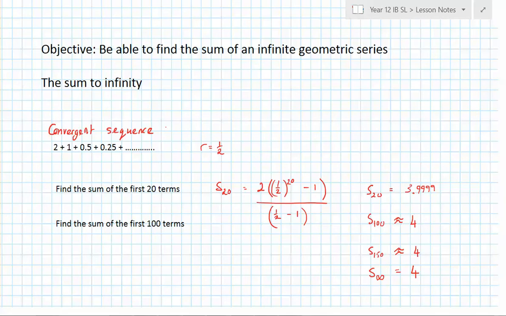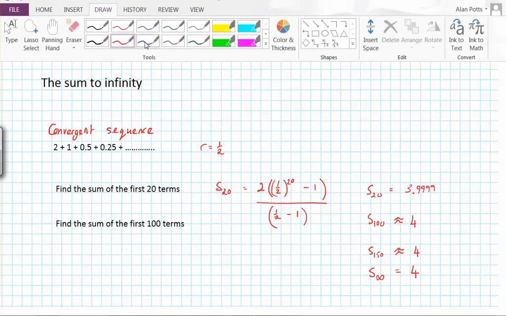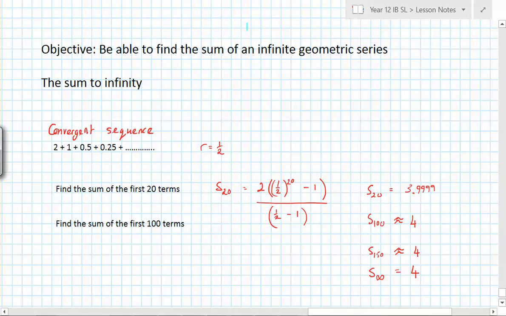Now, can you spot where in this formula for the sum the difference from one term to the next gets so small that it's really no difference? Can you spot where I would see that it's not going to make any difference if I go any further?